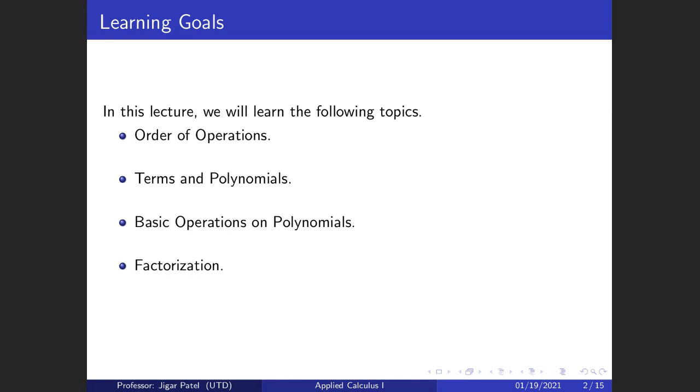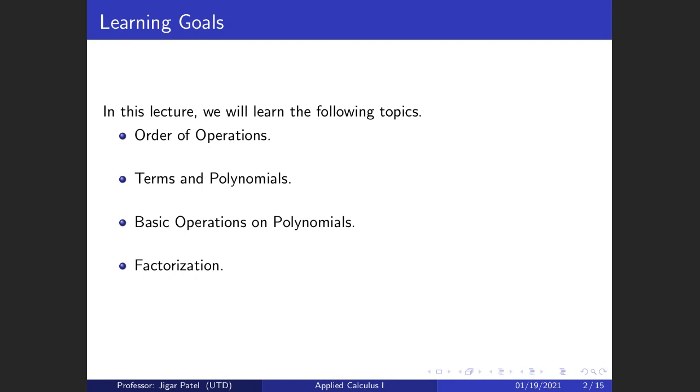So let's start with the first item, order of operations. If you have all the operations together present in one long expression, how would you simplify it? For example, you have addition, subtraction, multiplication, division, powers, many sets of parentheses. How would you handle such an expression?